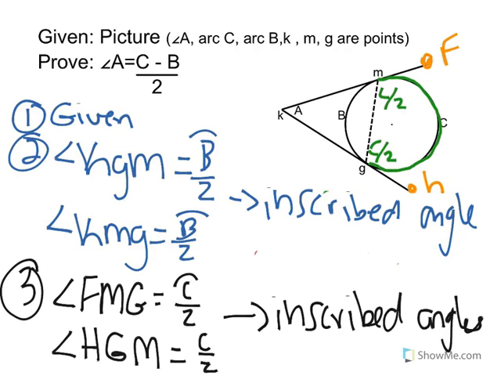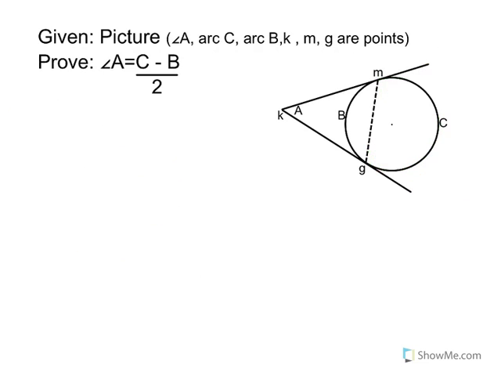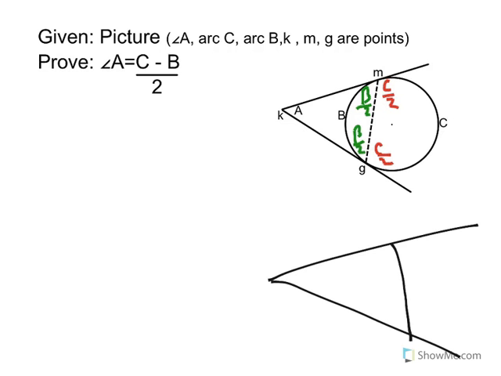So I'm going to go to the next page just for a little bit more room. All right, so looking back at this picture, we had C divided by 2 here and here. And then on this side was B divided by 2 and B divided by 2. So now let me draw this triangle for you outside of the picture to kind of show you what's happening.